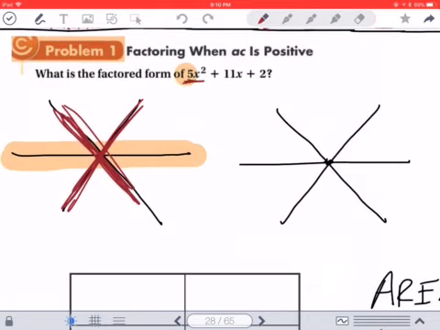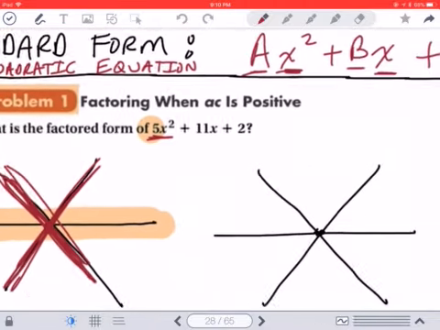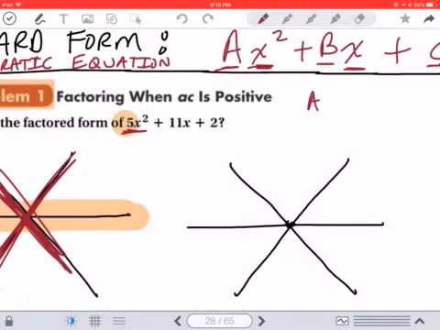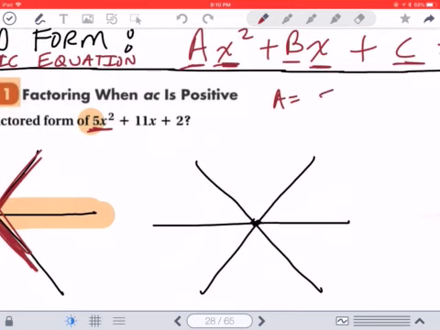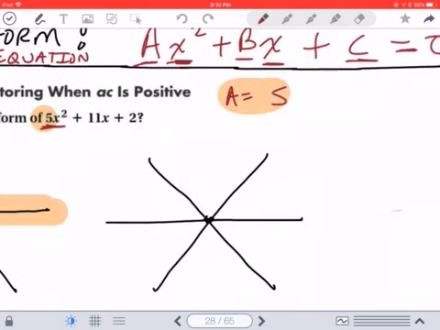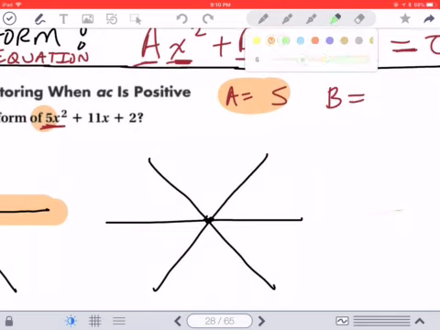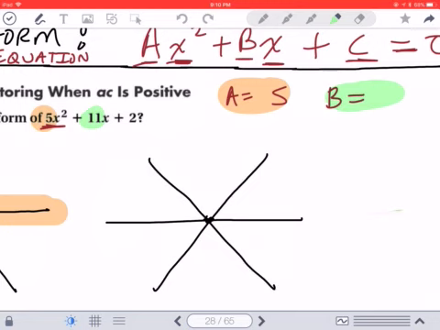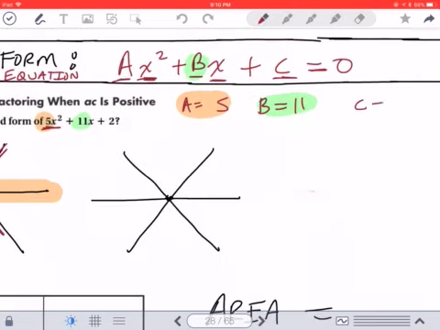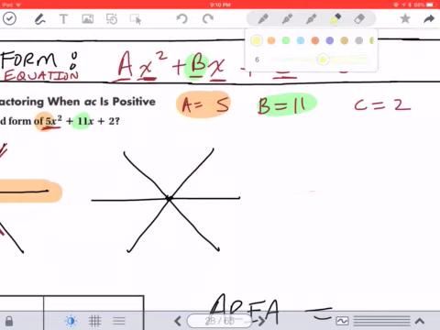When we look at this value, let's label all of these. I know that a is going to be 5. I'll start off by labeling a, b, and c. I know that my b value is going to be 11, and I know that my c value is going to be 2.